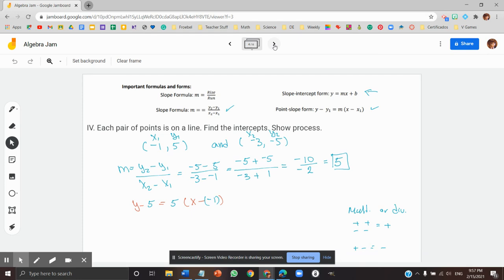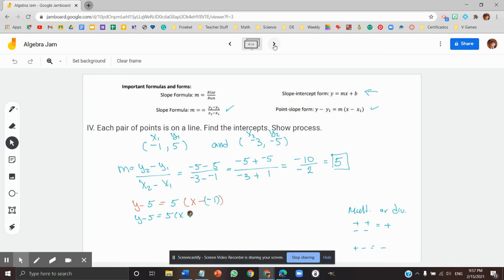Now I can solve it. I can use my distributive property and resolve it. I'm going to try to solve some things here first. I have y minus 5 equals 5 times x. And again, I have that negative and negative. The first one stays the same.